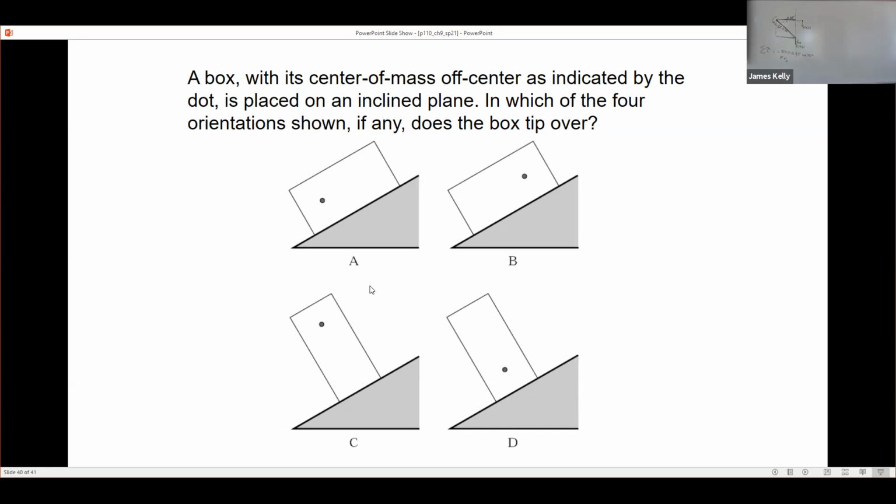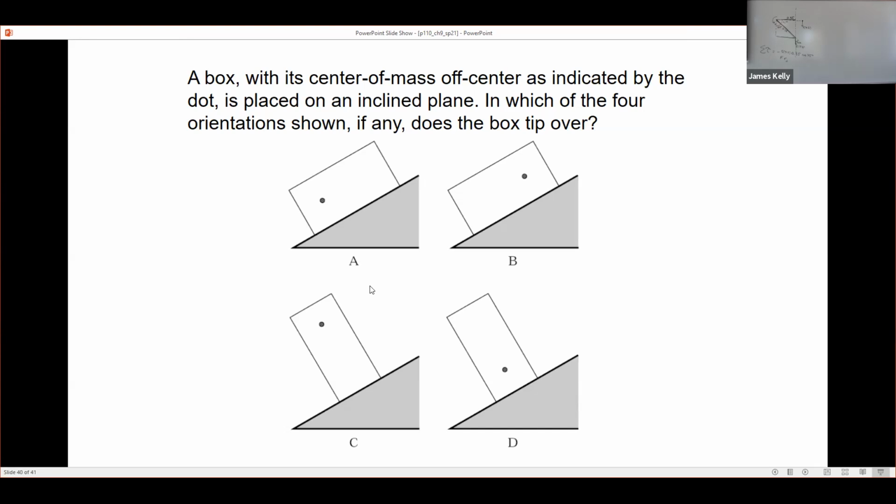Now, there are two things that can exert a force on the box about that lower corner. Gravity, which we're going to pretend is exerted at the center of mass, can exert a torque about there. But the plane also can, right? If gravity is exerting a torque in this direction, the plane is happy to push back in that direction and counteract it, keeping it stable by balancing the torque.